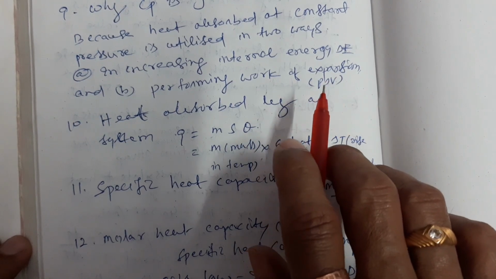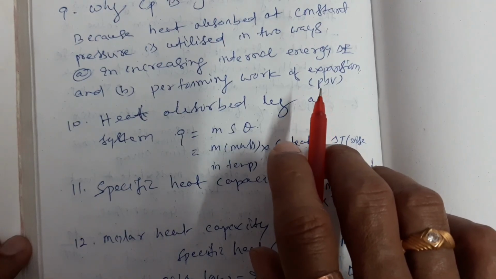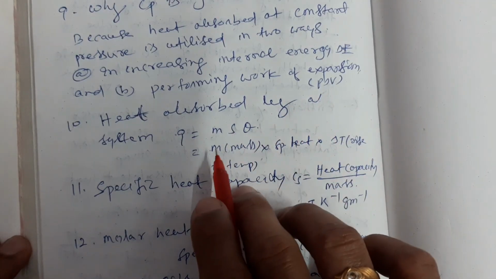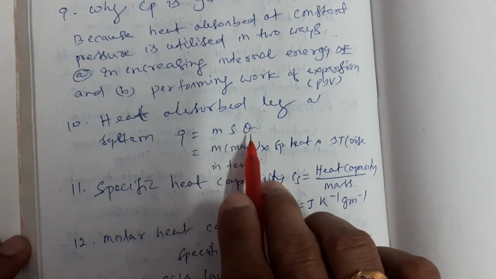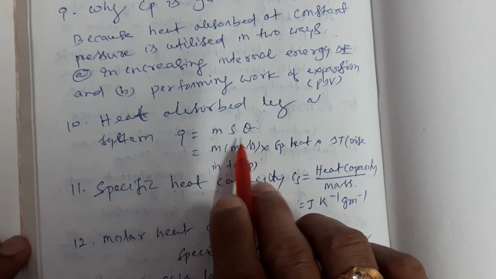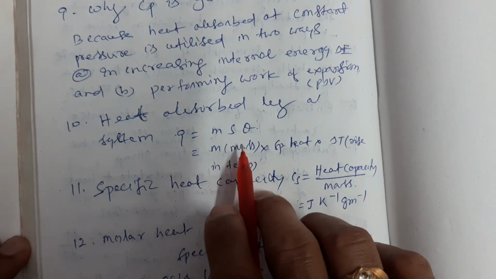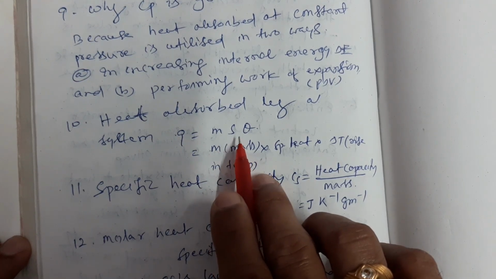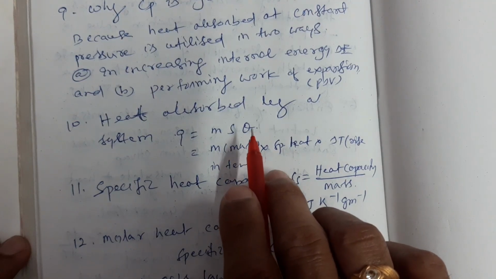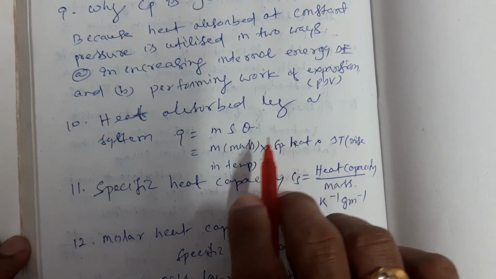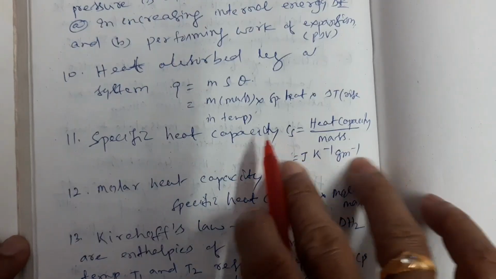Then what will the total solution temperature be? For this type of question, you have to use Q is equal to ms theta. M is the mass of the substance, S is the specific heat, and theta is the rise in temperature. Suppose 0 degree to 10 degree, so the difference is 10.